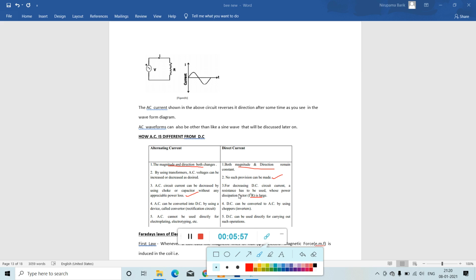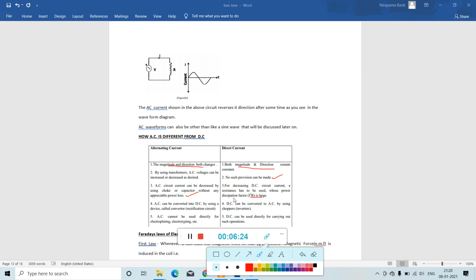Because in the case of resistance there is I square R loss, and it is very high. But for decreasing AC circuit current, we can use a choke or capacitor without appreciable power loss.